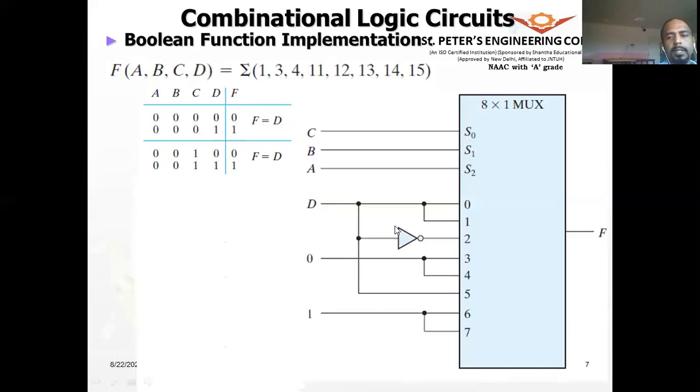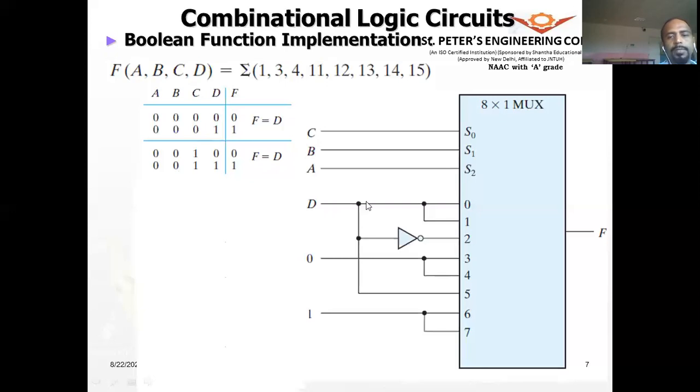So this again, for minterm 3, we are also seeing from the truth table that the I1 input should be given the input D. All right.